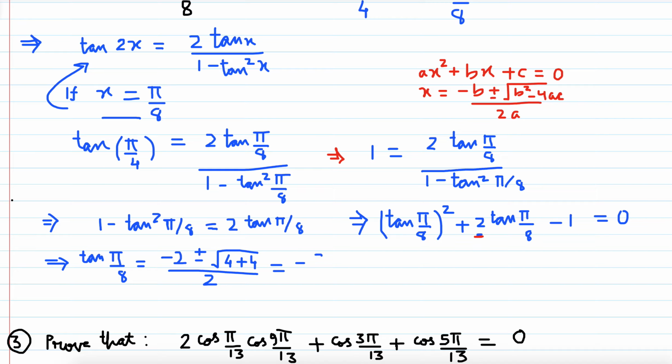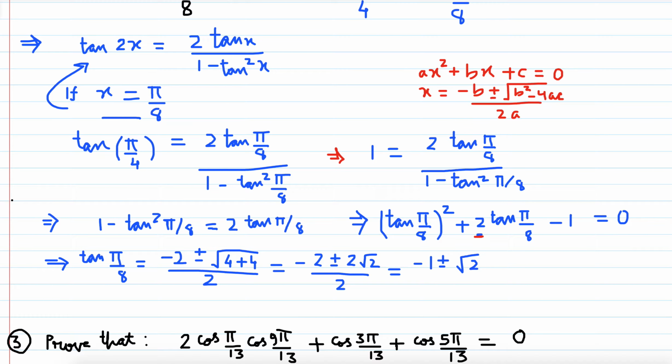So we get minus 2 plus minus square root of 8, which is 2 root 2, divided by 2. So we can cancel 2 from numerator and denominator. It becomes minus 1 plus minus root 2.